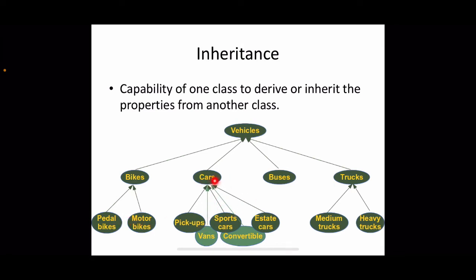Like that, every type of vehicle has subclasses, and subclasses inherit properties from the parent class. We call the parent the base class, and these are the derived classes. Bikes, cars, buses and trucks are derived classes of vehicles, and for pedal bikes and motorbikes, bikes is the base class.